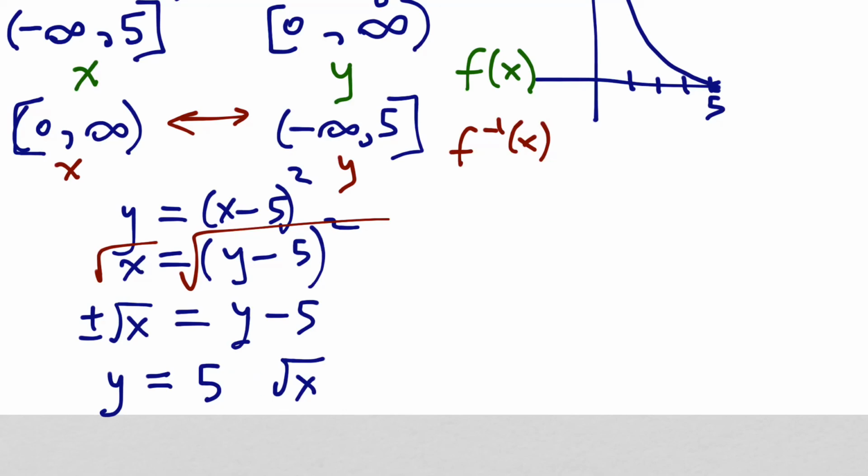So if I do the plus, 5 plus square root of x. Square root of x is a positive number, so you will see that you'll get bigger than 5 every time you add a positive number to it. And then you'll go past this 5 here, and that won't work for our domain and range that we've got here and here. So we can't have plus here.